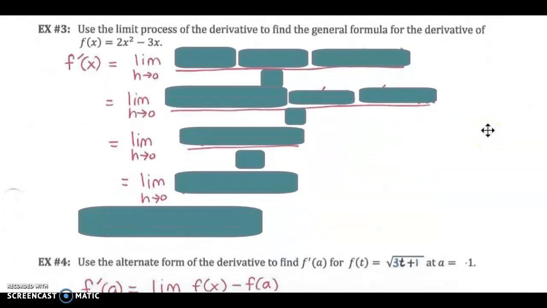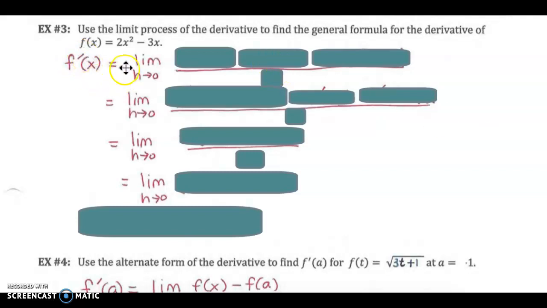Okay. So example 3 says to use the limit process of the derivative to find the general formula for the derivative of f of x equals 2x squared minus 3x. So it wants us to use the limit process, and since we don't have an actual point value to use, we're going to use the one that has the h in it.